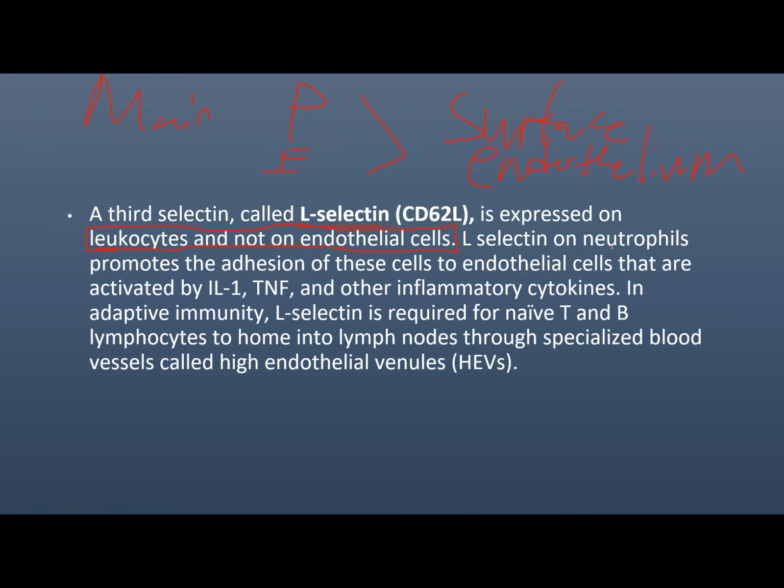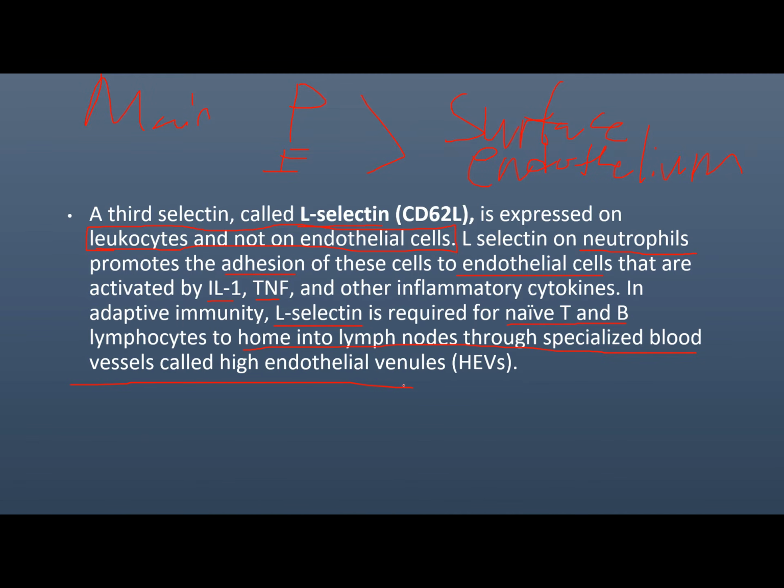Now, L-selectin on neutrophils would promote, so this is the function class, it would promote the adhesion of neutrophils to the endothelial cell that are activated by interleukin 1 and TNF and other inflammatory cytokines. Now, in adaptive immunity, L-selectin is required for naive T and B cells to home or to go into lymph nodes through specialized blood vessels called high endothelial venules.